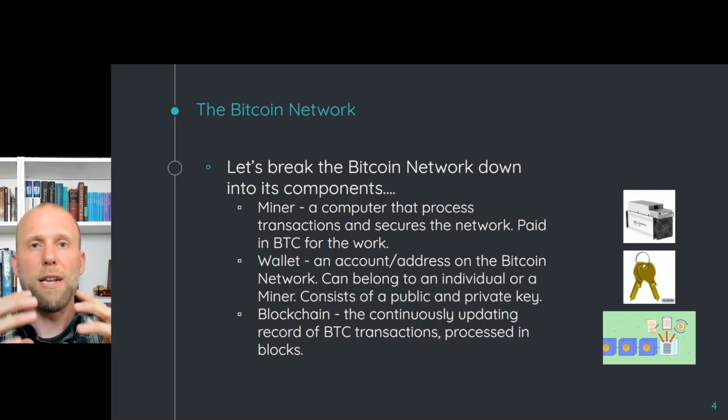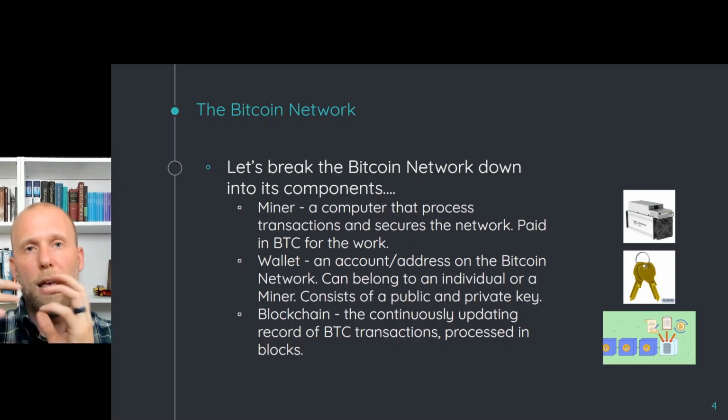Okay, so the transactions don't come one at a time and get processed that way. The transactions get broadcast to the Bitcoin network, and then about every 10 minutes, one of the mining computers wins a competition, essentially, to win the right to bundle all of those transactions together and then add them to the ledger, add them to the blockchain. That's why it's called a blockchain.